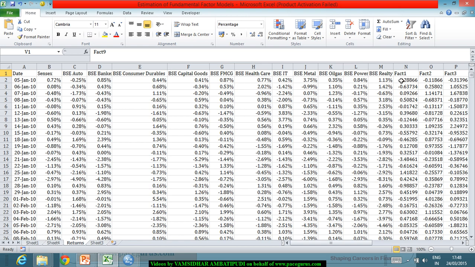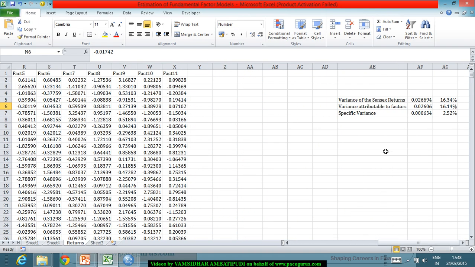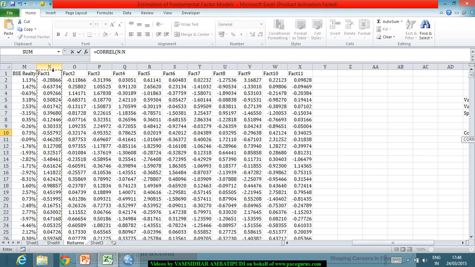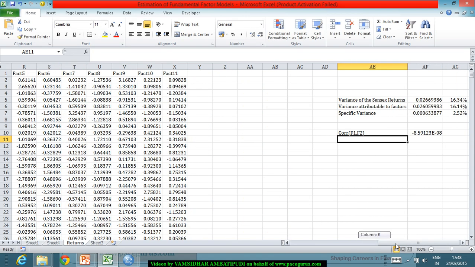Now, if I look at the pairwise correlation between these factors, just for a sample, I would like to look at the correlation between factor 1 and factor 2. I'll definitely get the correlations between the pairs very, very close to 0. You see, 10 to the power of minus 8, if I round it off, it's as good as a 0.